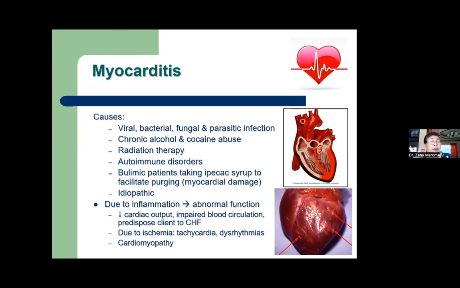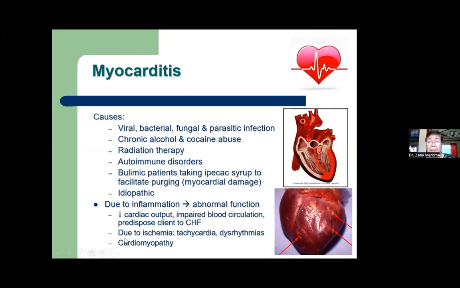Siyempre, yung ating gastric, nagsuka. So siyempre, the gastric secretions are really highly acidic and this can cause damage to the heart. Okay? And the last cause din ay idiopathic, for unknown cause. All right? But usually, myocarditis is viral cause.